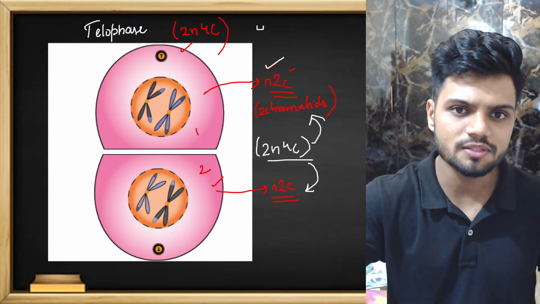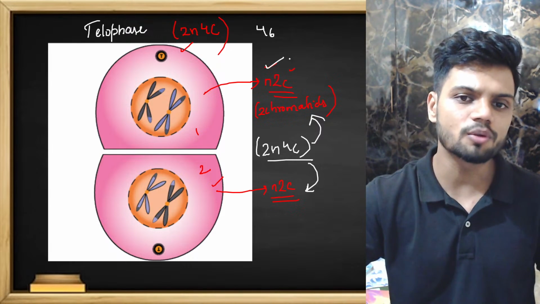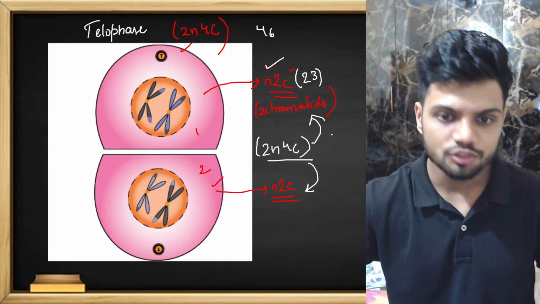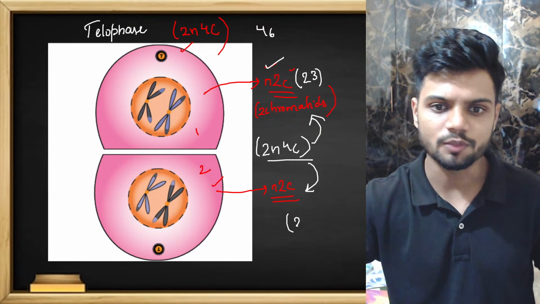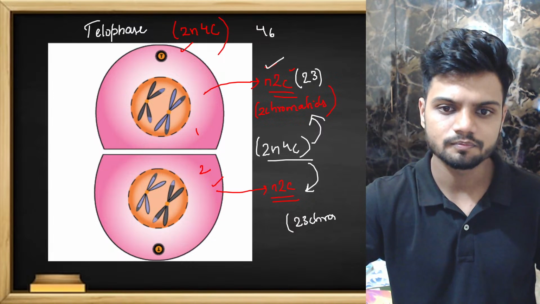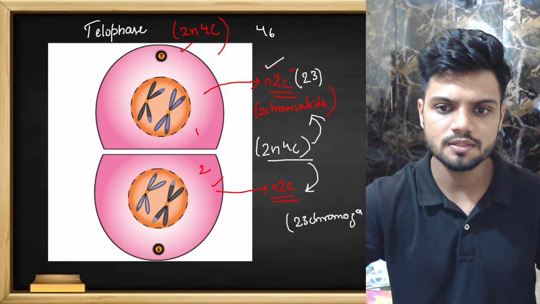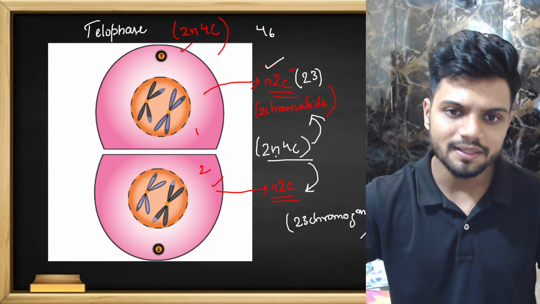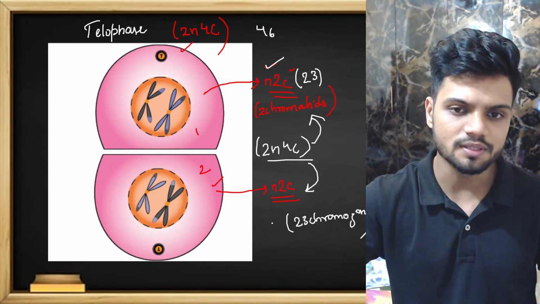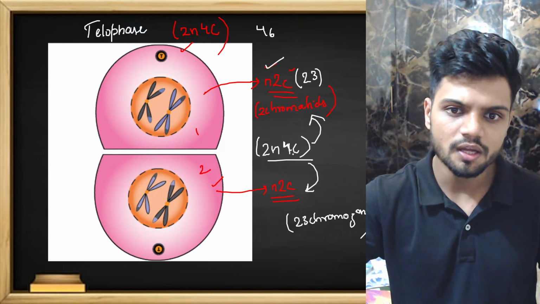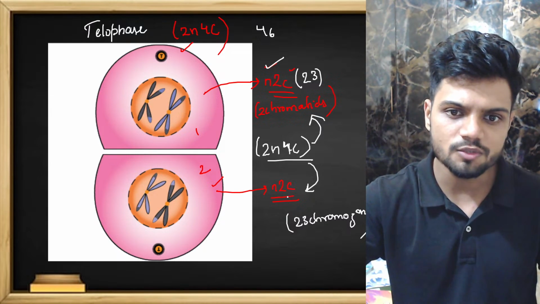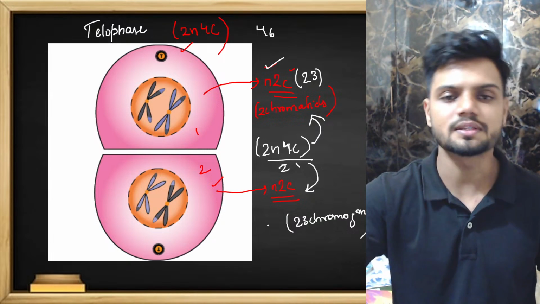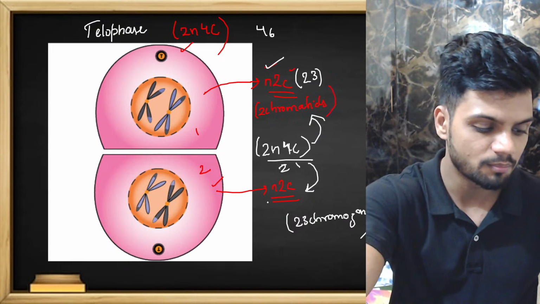Out of 46 chromosomes, 23 are going this side and 23 chromosomes are going this side. Out of this 4c, 2c is going this side, 2c is going this side. Basically divide by 2. That is per nucleus.